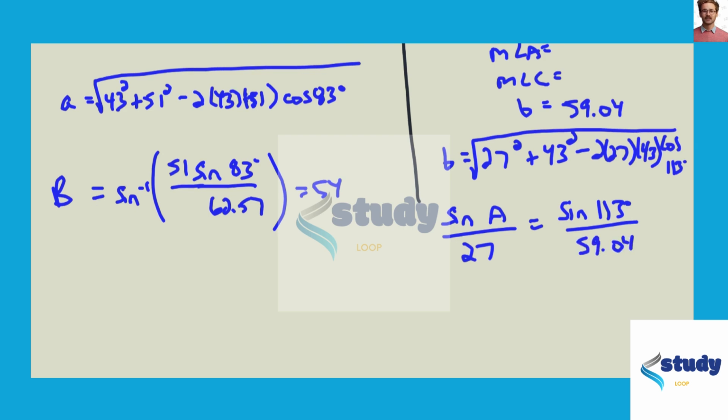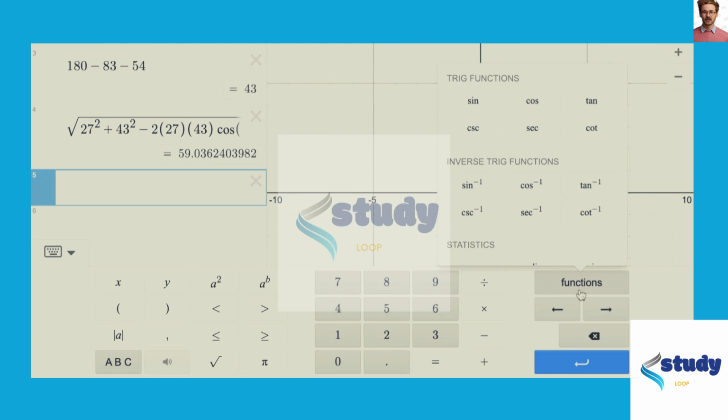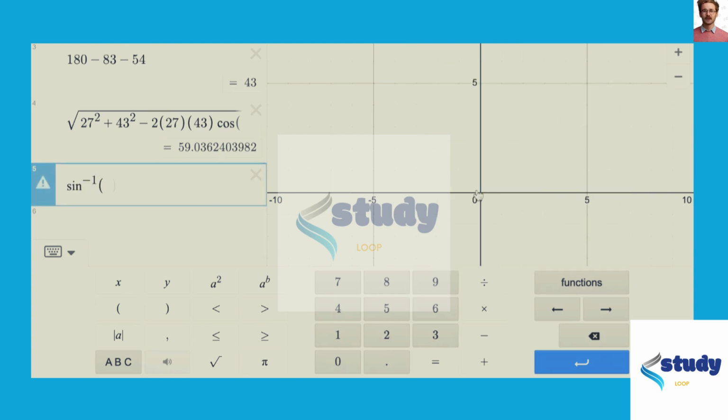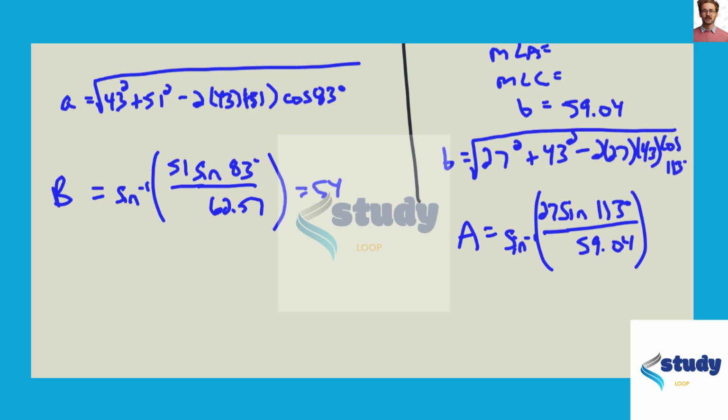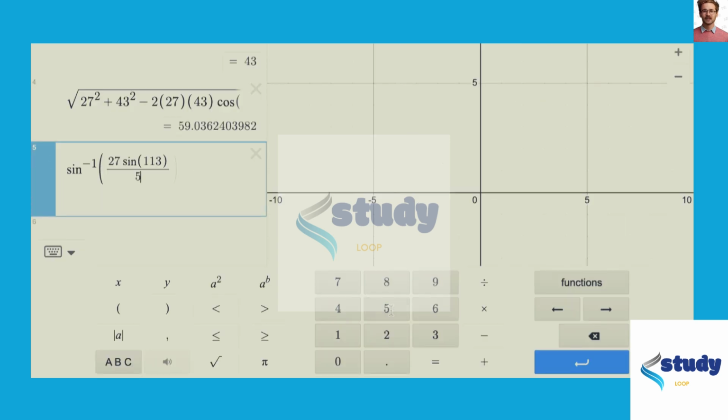With some cross multiplying, 27 to both sides, and then inverse sine both sides, and we've got angle A equals the inverse sine of 27 sine 113 over 59.04.